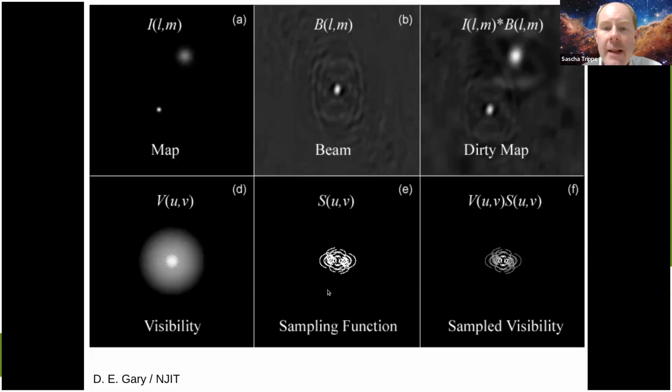So you have some kind of sampling function, and what you actually measure is the product of the sampling function and the actual interferometric visibility. You get the inverse Fourier transform of that, and you get a somewhat distorted, blurry image of your target, which you still need to filter and process well enough to identify a sufficiently good map of your target.